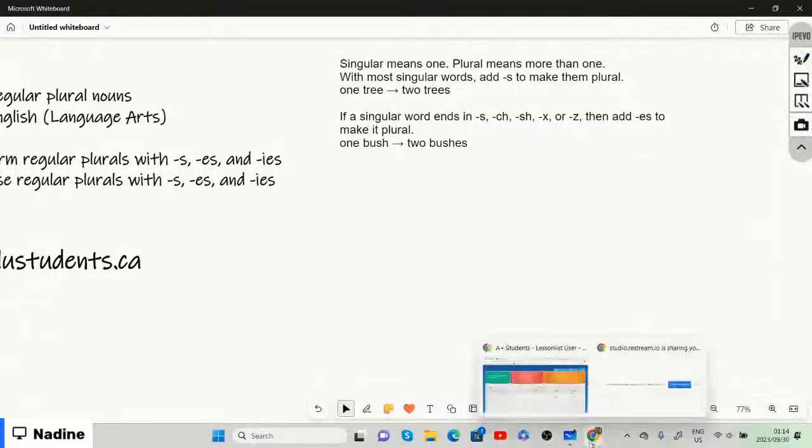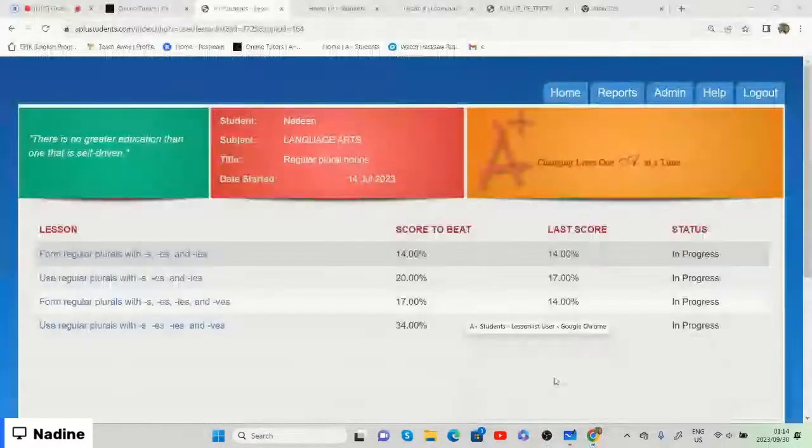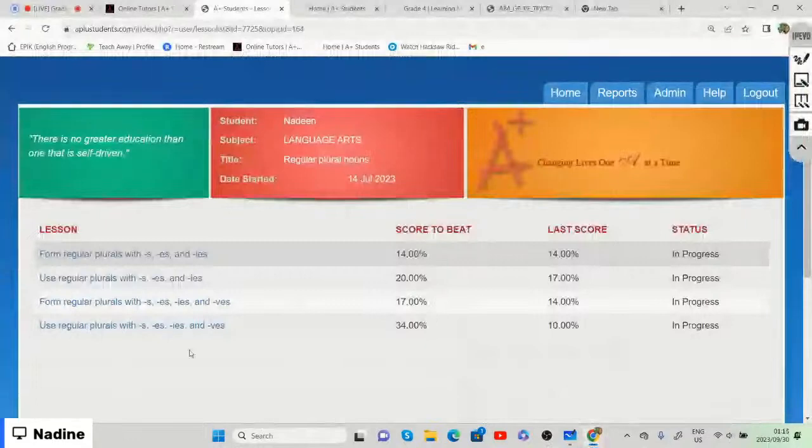All right. So now we're going to go to our tutorial lesson on aplusstudents.ca. We're going back to aplusstudents.ca, and we're going to form regular plurals with s, es, and ies.